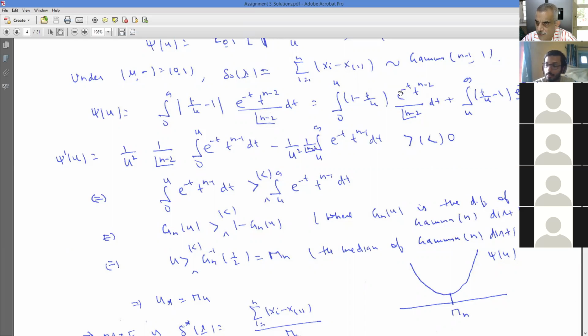The answer for part C, it is required to find the MRE of mu plus sigma. So if we can estimate mu and estimate sigma, can we conclude something from that? No. I have said your whole estimation problem depends on the group of transformations you are considering and the estimate, right?